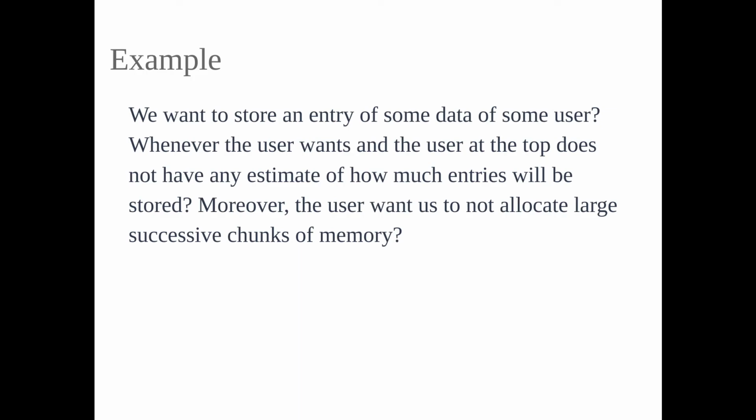The third thing is that he or she knows that in future they are not going to have big successive memory slots available. So these are the three requirements, and given these we have to select, among the previous knowledge we have, which data structure is suitable.